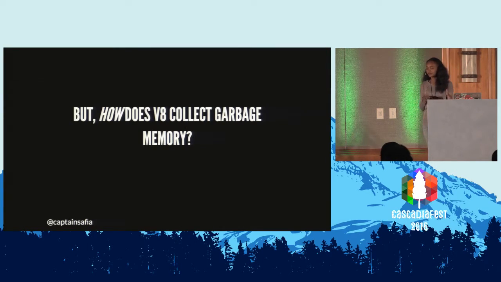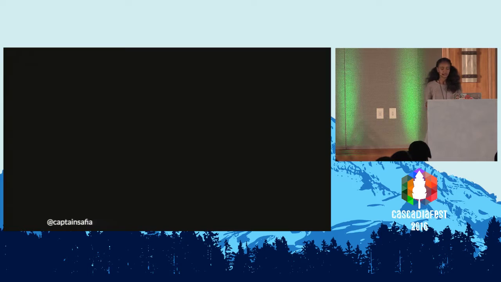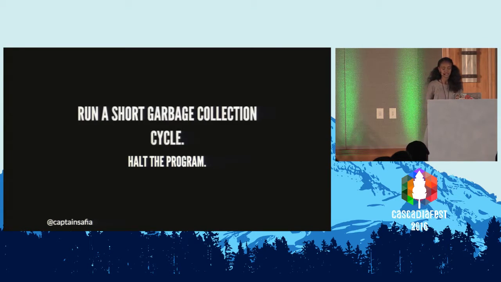And so we've kind of covered this general idea of garbage collection. We've covered some of the heap structure that's used and some details about V8. But how exactly does it collect garbage? Well, V8 employs something called the stop the world garbage collection technique, which means whenever it needs to clear away unused memory, it's going to pause the running program and execute that garbage collection cycle.